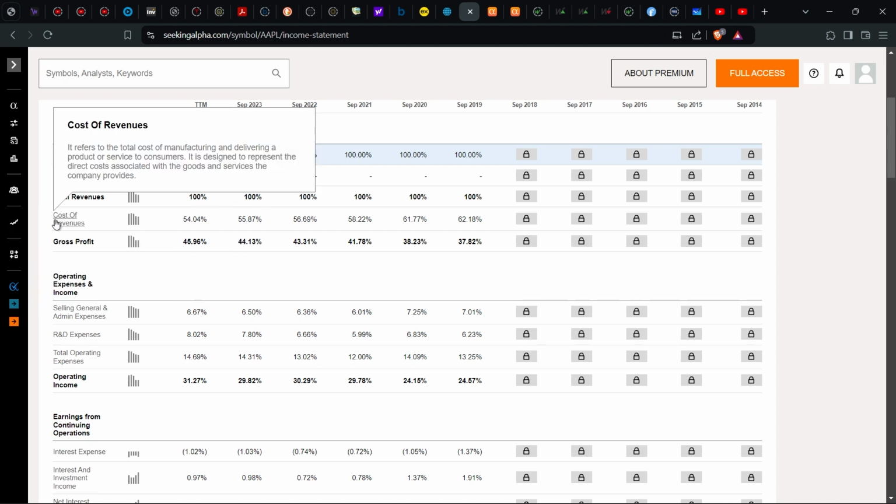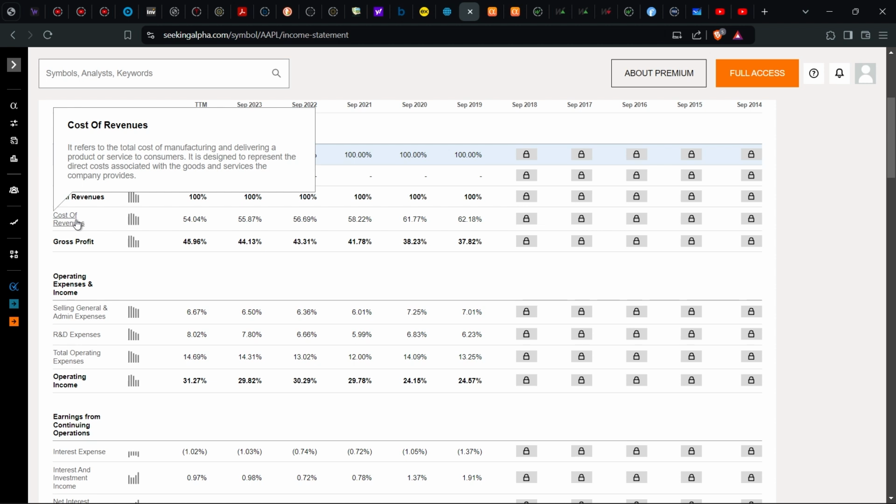So the cost of revenues, these guys, they make products and services. So the cost of revenues is coming in where the cost of making an iPhone, the cost of making a MacBook, the cost of making an Apple Watch, the cost of making an iPad, all the products, since they are goods, there is a cost in making them and delivering them to the consumer.